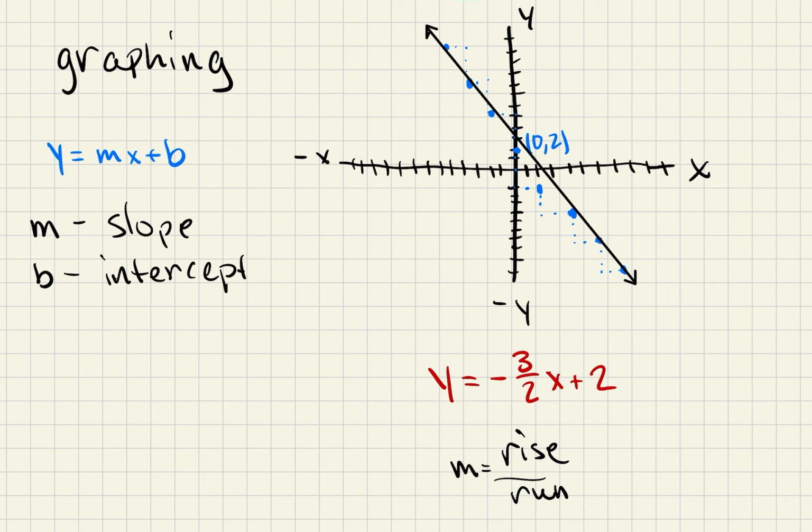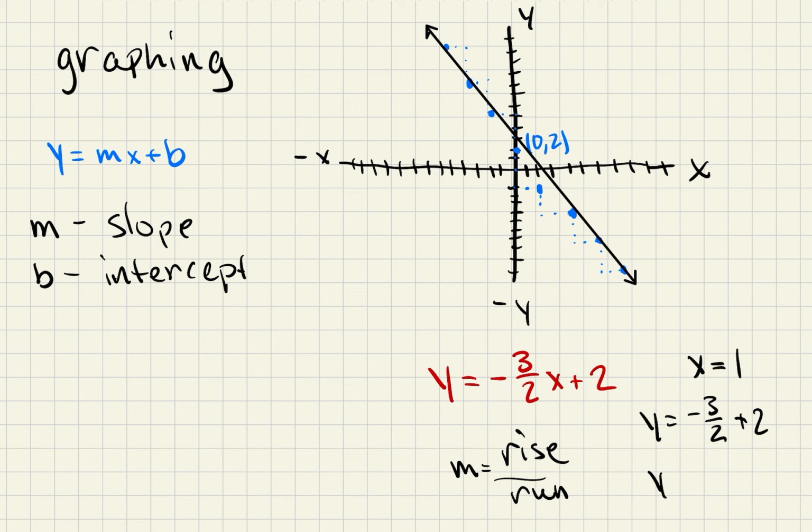So, for example, if we know the equation for y, we can plug in an x to find y. So let's say we want x equals 1. Then we plug in x to this equation. Negative 3 over 2 times 1 is just negative 3 over 2 plus 2.